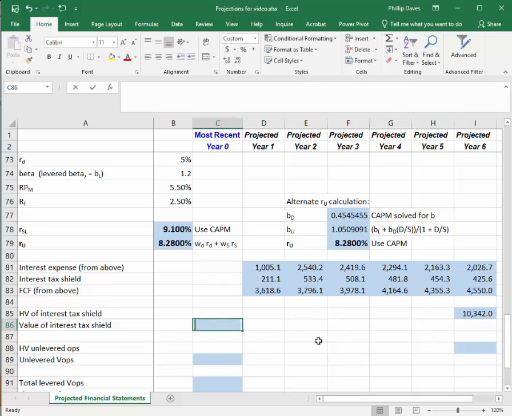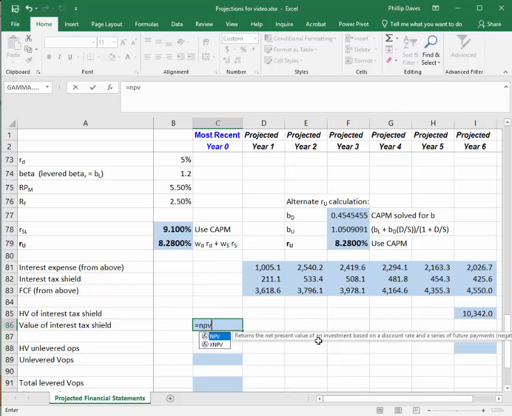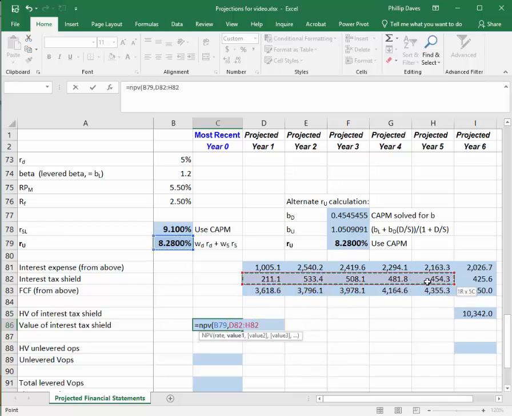And if we want the value today of all of that, we can use the NPV function with, again, our unlevered cost of equity rate. And we want all of our interest tax shields. So 1 through 5, we're going to do just like we did before. We're going to add in the 6th one plus the horizon value.